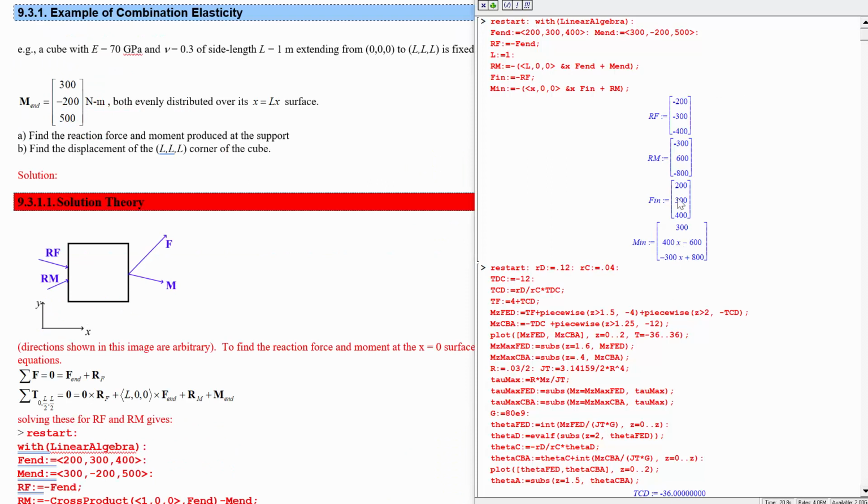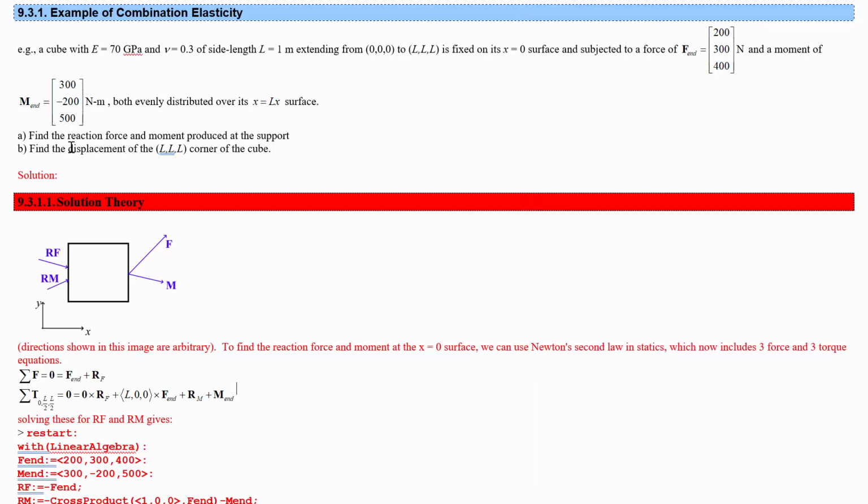The reason we wanted this is because these internal forces and moments determine what the displacements will be via the Hooke's laws.